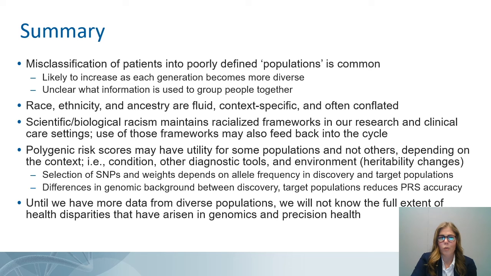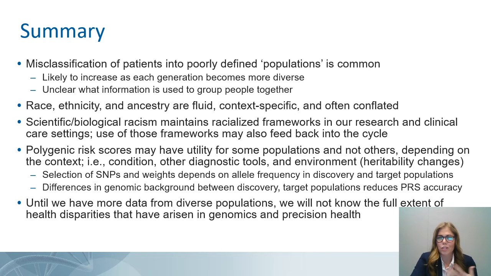And it's really unclear what information is being used to group people together for the purposes of analyses, especially when you have research protocols that collect information from patients or participants based on the OMB census categories for race and ethnicity, and then they're reported in research results as, let's say, African ancestry, instead of actually reporting Black or African American.